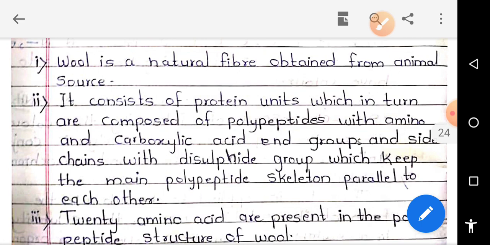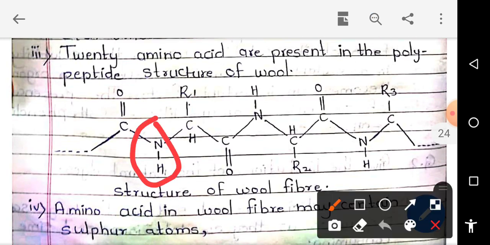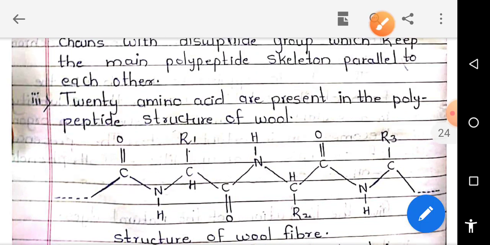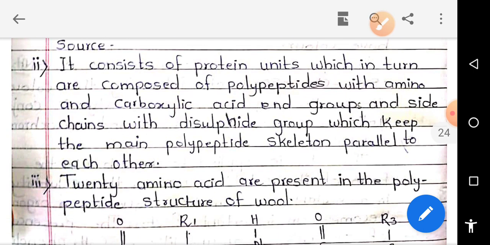This amino end is the part that contains nitrogen. Carboxylic acid means this part. They are joined together, so it consists of protein units composed of polypeptide chains with amino and carboxylic acid ends.